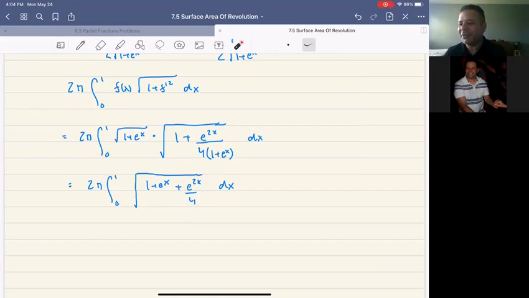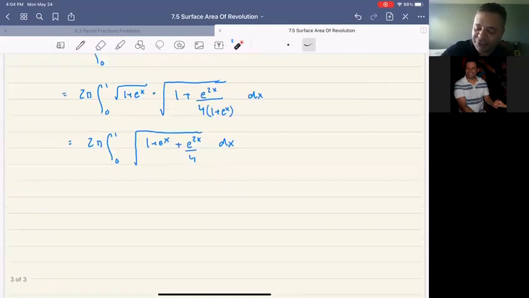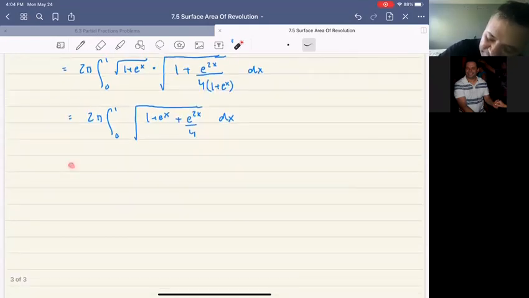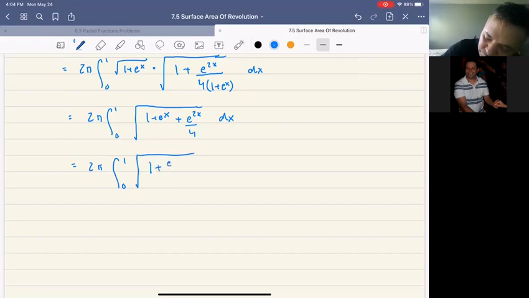That looks like a perfect square to me, doesn't it? It is. It's 1 plus e to the x over 2 squared. Okay, 1 squared is 1.